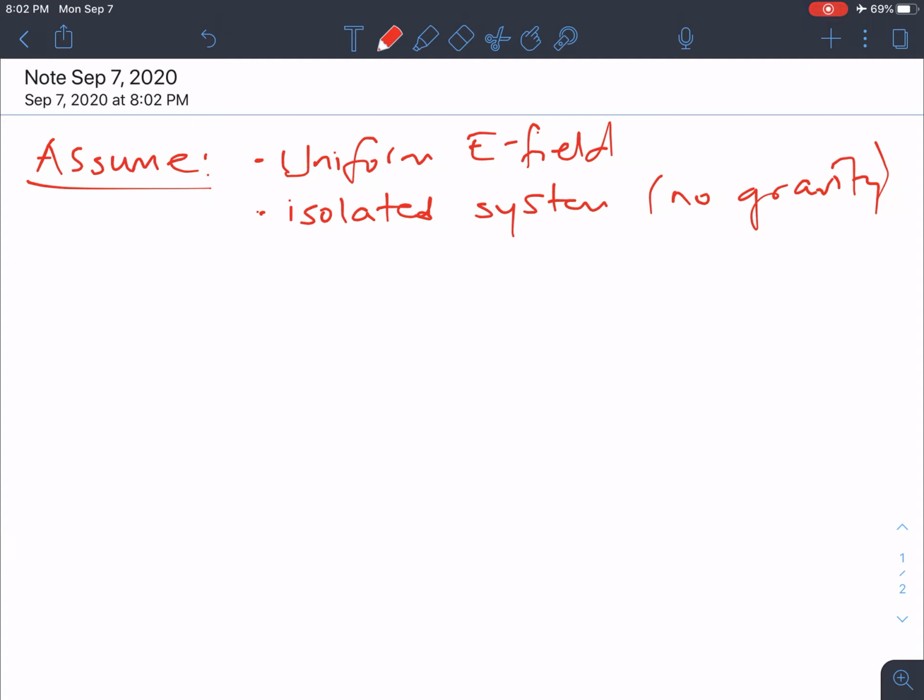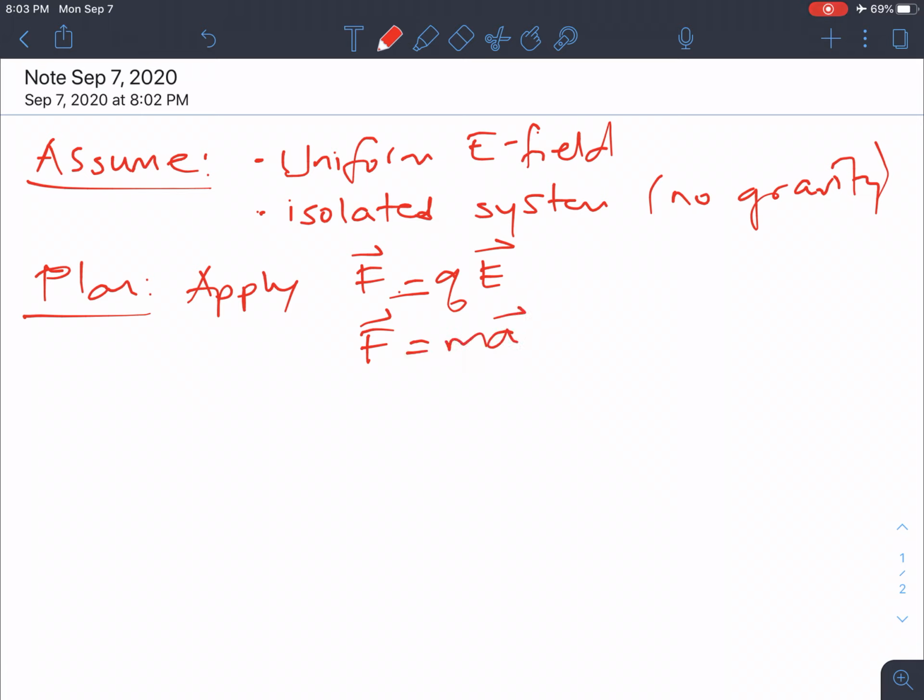And for the plan, let's say we will apply F is equal to QE, right? And then the second law, so F is equal to MA.